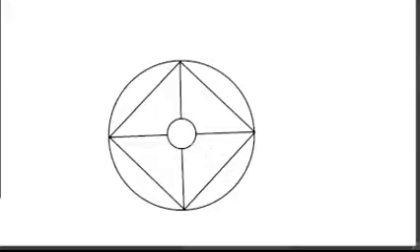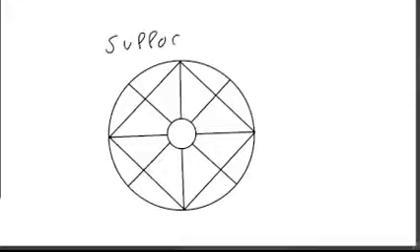So this one also goes through here. This one goes through here. This one goes through here. And this one goes through here. Okay. I will name this support structure.